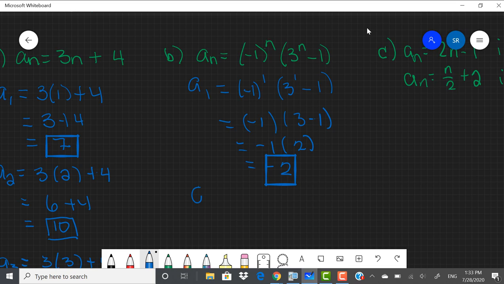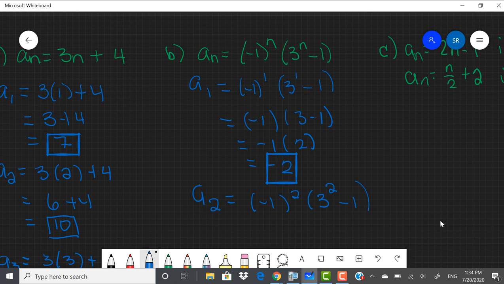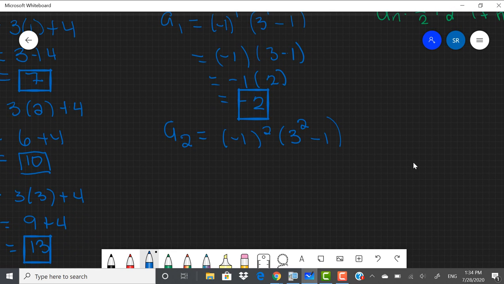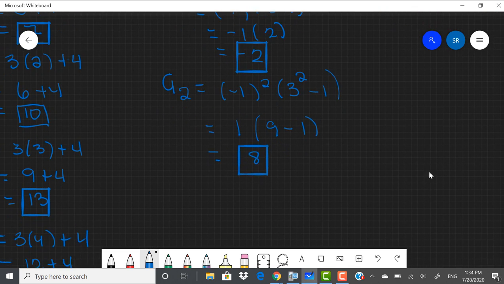Okay, then we're going to do this for a sub 2, our second term, negative 1 squared times 3 squared minus 1. Again, we're just substituting in the number 2 for n, or whatever term we're at. So for this one, negative 1 times negative 1 is positive 1. 3 squared is 9. So 9 minus 1 is 8. And then multiply by 1. Of course, that is 8.